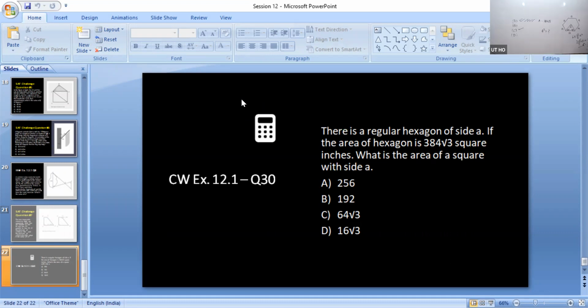Okay. So if anyone can tell me the sum of the internal angles of a polygon, what is the formula? N minus 2 into 180. Okay, yeah, it's correct. Or you can write it as 2n minus 4 times a right angle, that is 90.